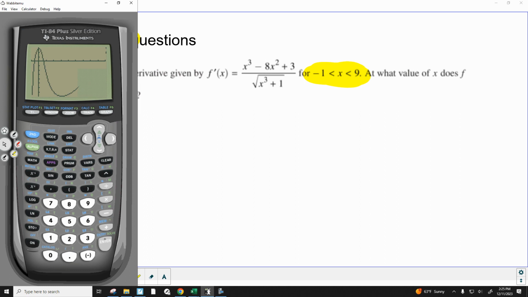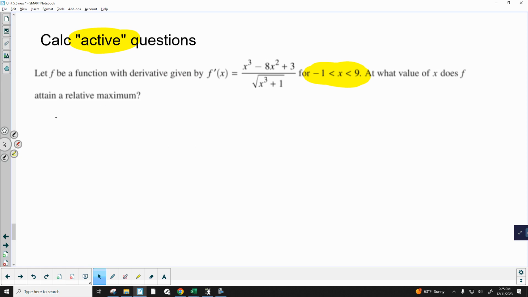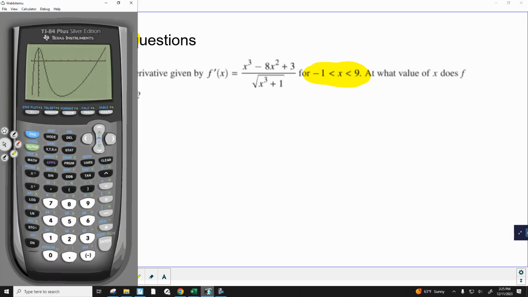This is the graph of my derivative. The question is, when does f attain a relative max? Many of you will find the max right here, and you'll be wrong. That's not the location we're looking for. Again, it's a calculus test, not a calculator test.